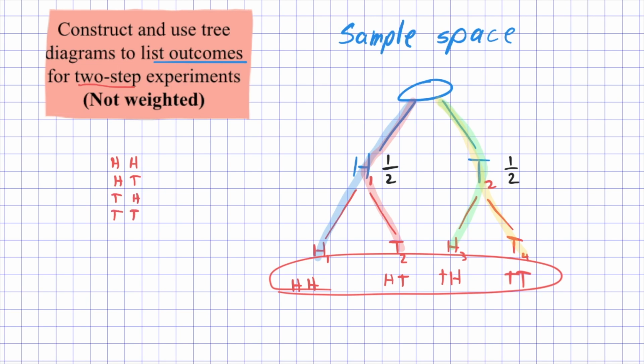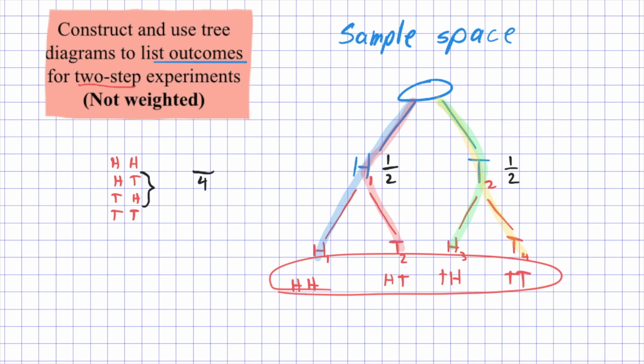Now, depending on the question that you are getting asked, the order in which your outcomes happen may actually be important. That comes down to the question. But when we get to our bottom here, when we have listed our sample space, what we can see is that we have a total number of outcomes of 4.